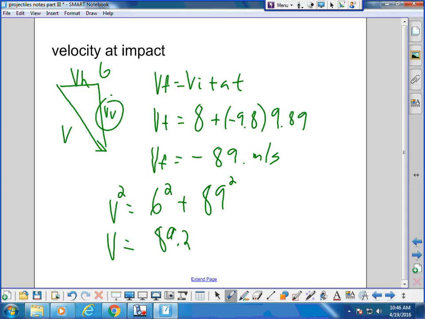Okay. Which means that this angle here is going to be like almost 90 degrees, right? Opposite over adjacent. 89 over 6. About 89.5 degrees or something.